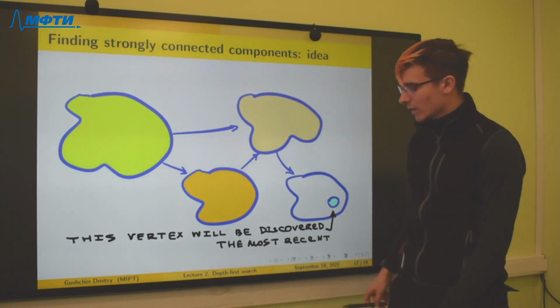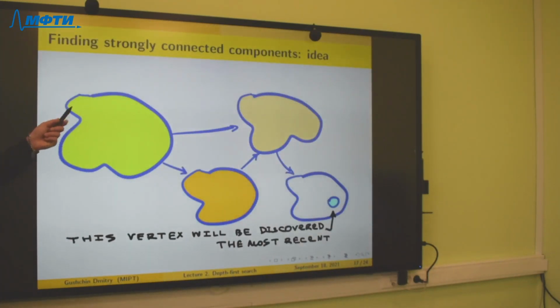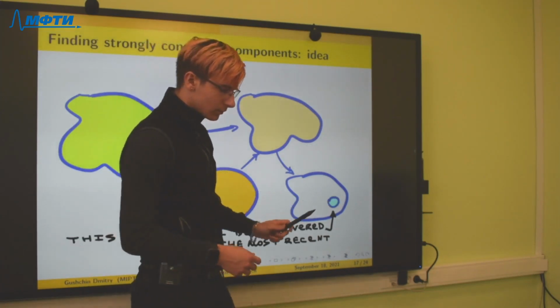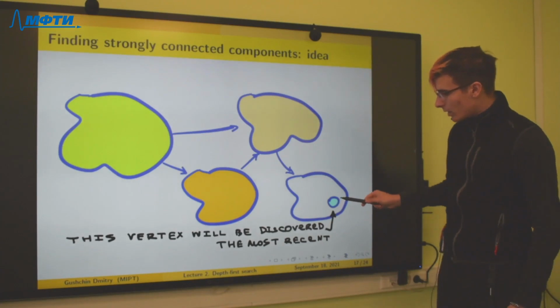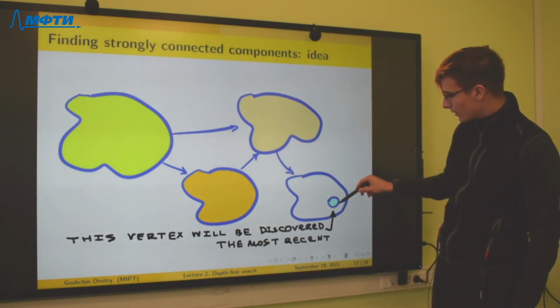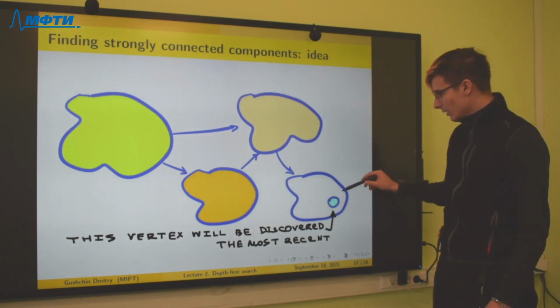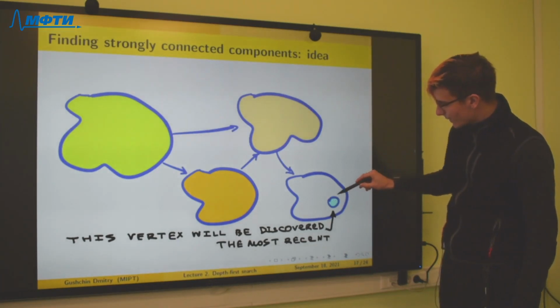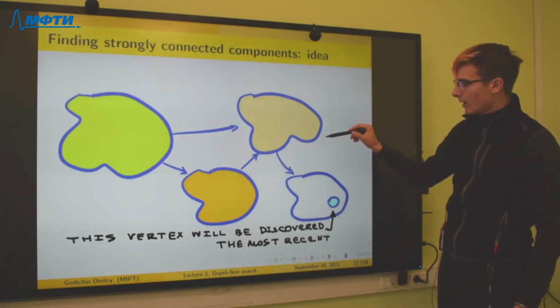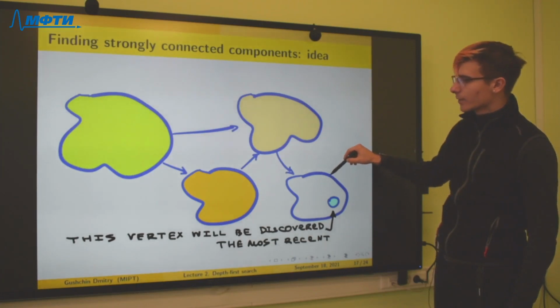If we start, for example, in one vertex in the green connected component and go down to other vertices as in depth first search, we go to the point that has no other adjacent unexplored vertices. At this time, this vertex belongs to a component that has no edges from it to other components.